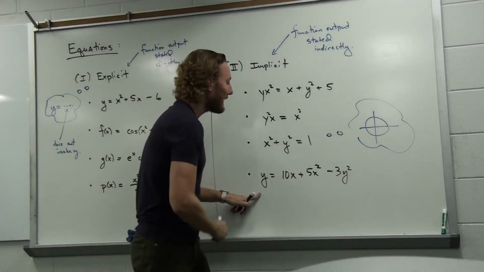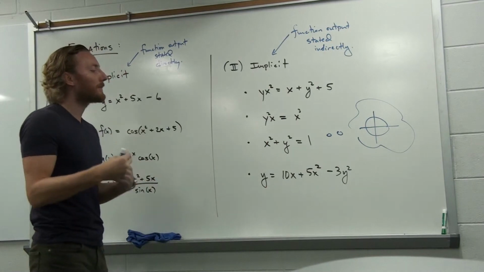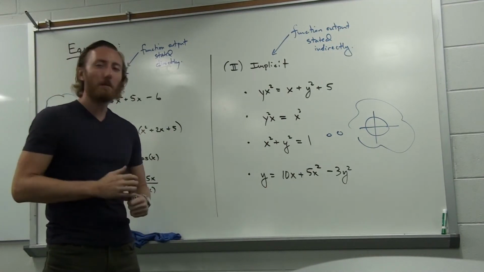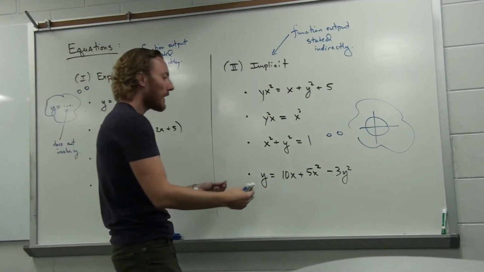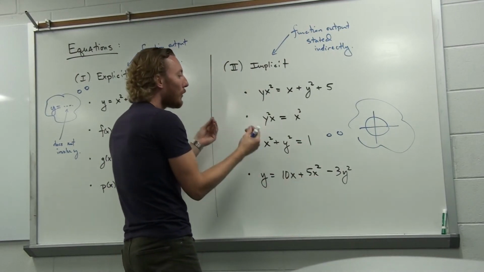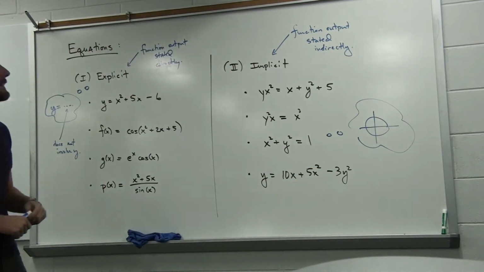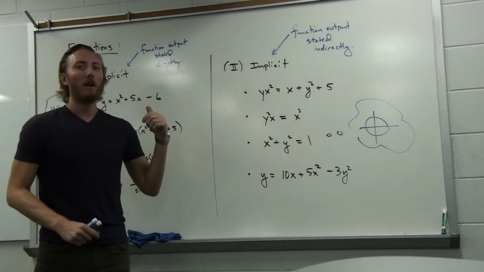Here, y equals something involving y. That is an indirect way of stating what y is, so that is an implicit expression. Anytime you've got y scattered throughout your equation, anytime you don't simply have y equals something, where that something does not involve y, you've got an implicit equation.